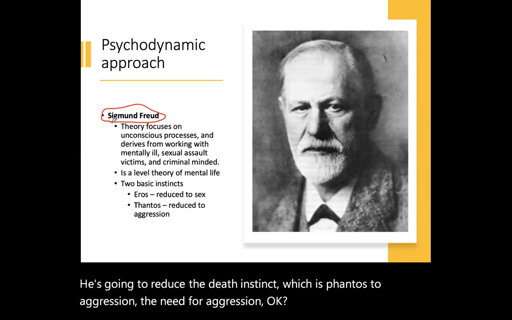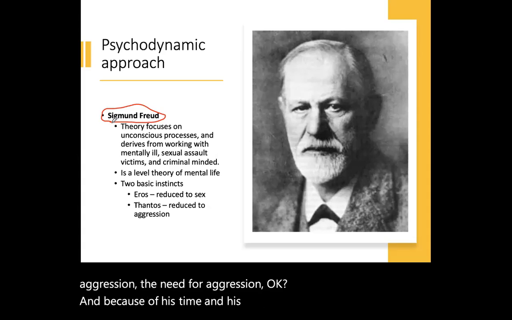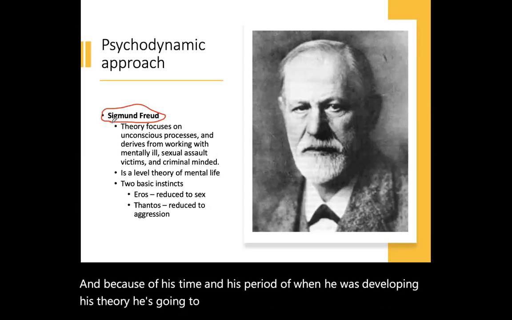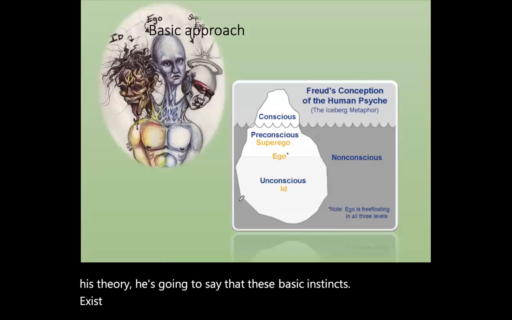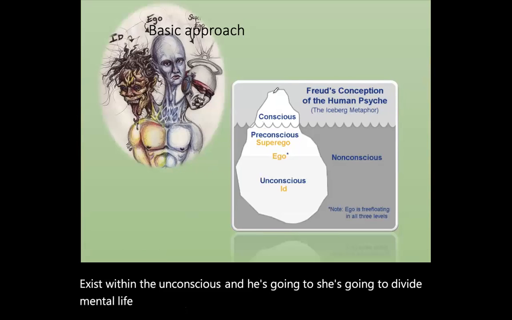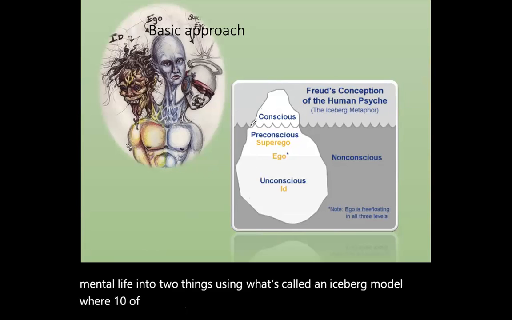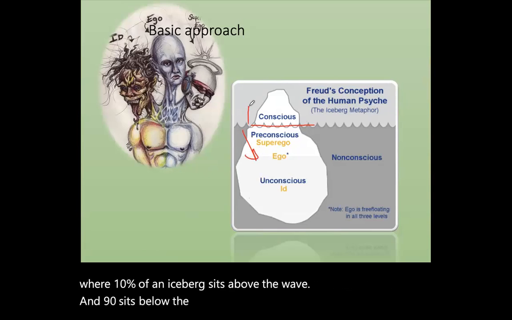And because of his time and the period when he was developing his theory, he's going to say that these basic instincts exist within the unconscious, and he's going to divide mental life into two things using what's called an iceberg model, where 10% of an iceberg sits above the wave and 90% sits below the wave, okay?